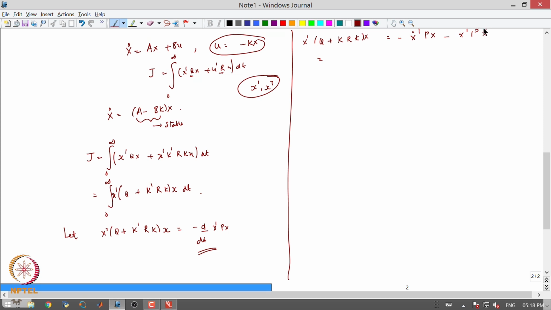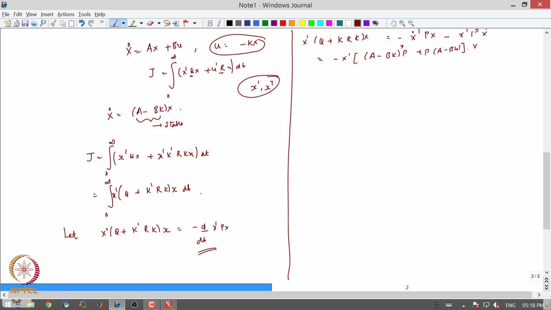With x dot substituted, this will look like minus x transpose times ((A minus BK) transpose P plus P (A minus BK)) times x. Okay, so this is something we had also for the Lyapunov equation, right?